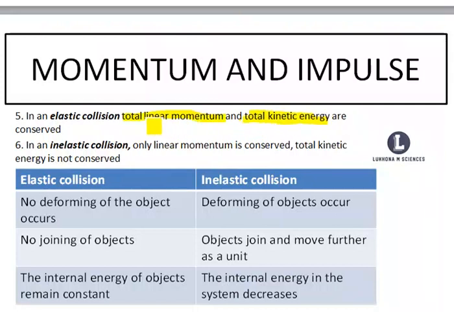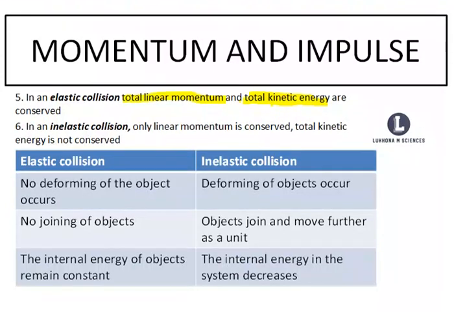Meaning that the sum of the momentum before collision is equal to the sum of the momentum after collision. The total kinetic energy before collision is equal to the total kinetic energy after collision.